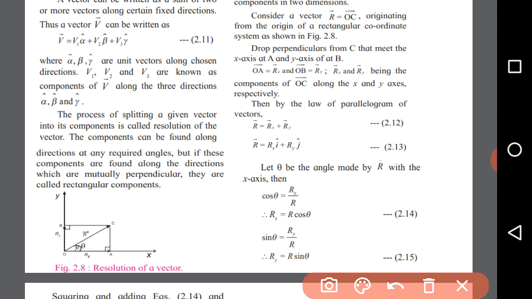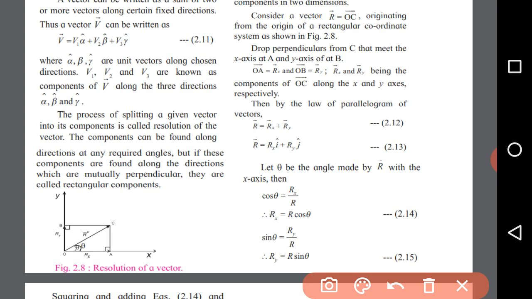So the components can be found, and if you want to find the components, you have to use some trigonometrical equations and some mathematics. The components can be found along directions at any required angle, but if these components are found along directions which are mutually perpendicular, then they are called rectangular components.